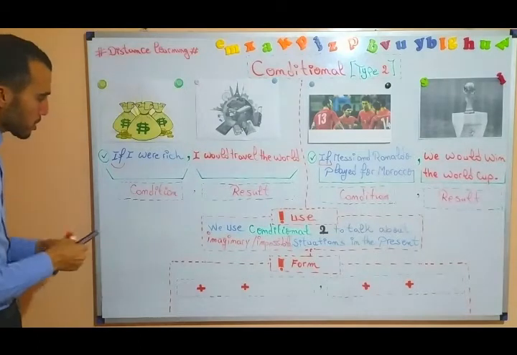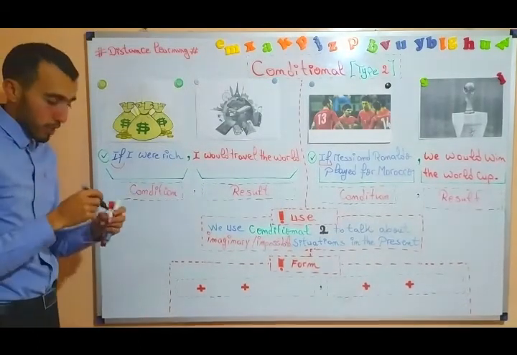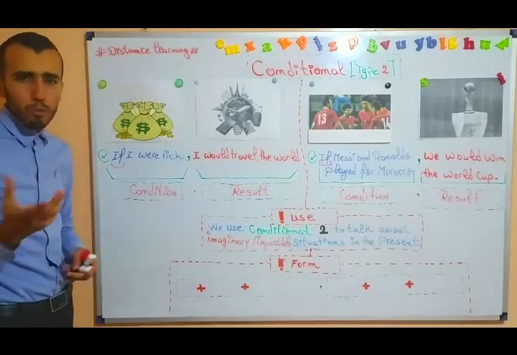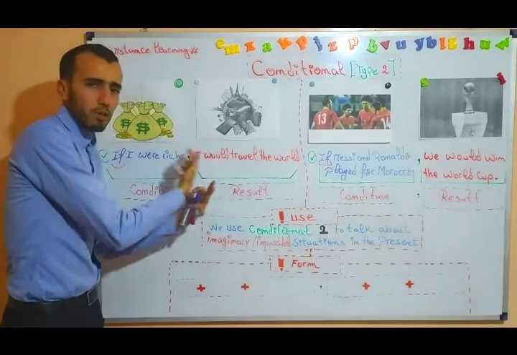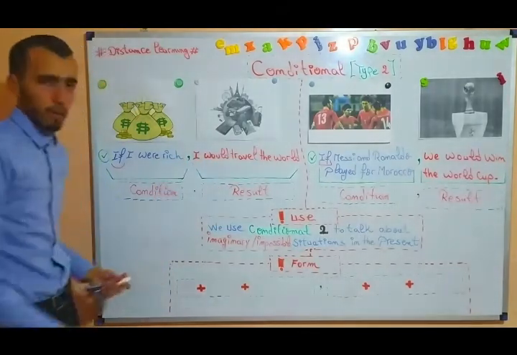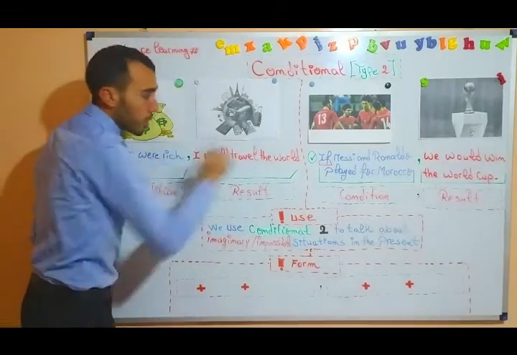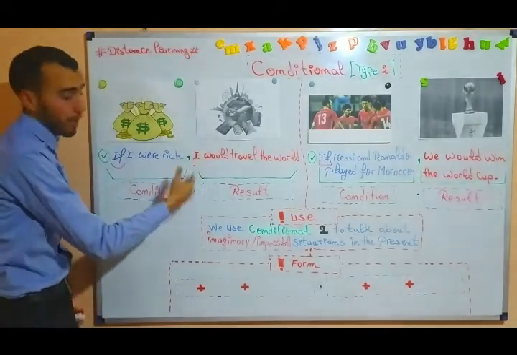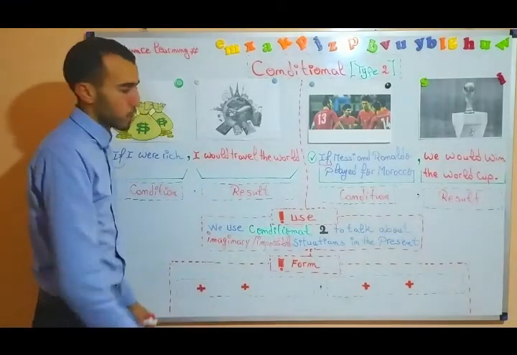So the first part, which is the condition, by the way, in conditional sentences, just like we have seen for conditional type 0 and 1, we could start with any of the two parts. I mean, we can say either, if I were rich, I would travel the world, or I would travel the world if I were rich.